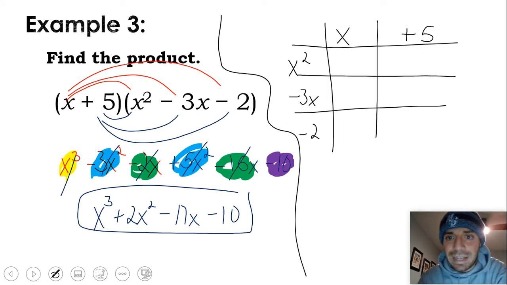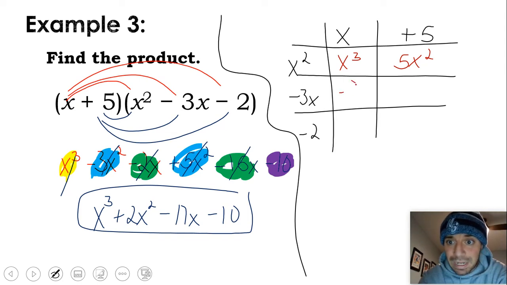X squared times x is x cubed. X squared times a positive 5 is 5x squared. Negative 3x times x is going to be negative 3x squared. Negative 3x times 5 is negative 15x. Negative 2 times the x there is going to be negative 2x.